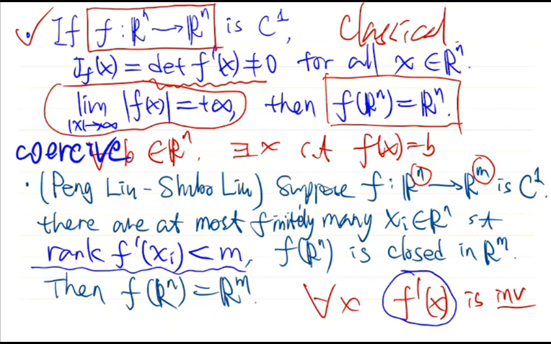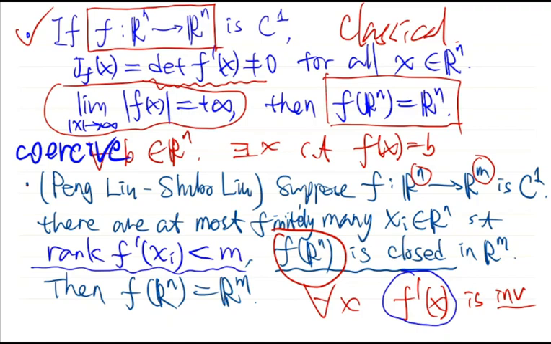As a consequence of this coerciveness, you can prove that the image of the map is closed. But in our result, we don't need coerciveness. We simply assume that the image of the map is closed. So our closedness of the image is also weaker than the coerciveness required in the classical result. Therefore, our result improved the classical result greatly.